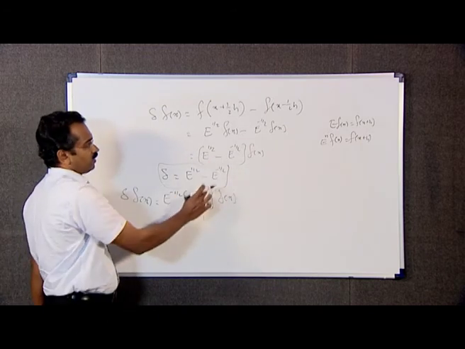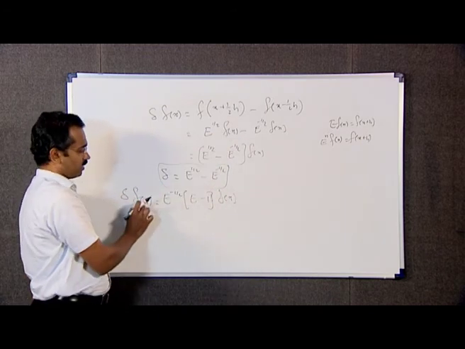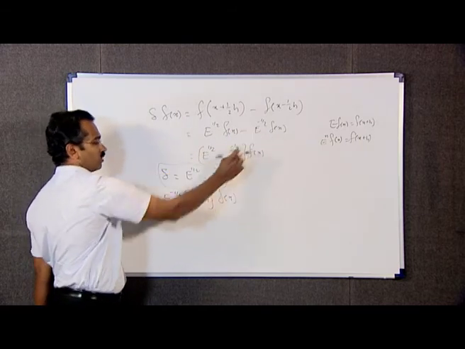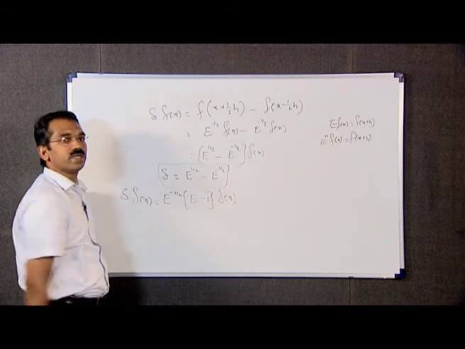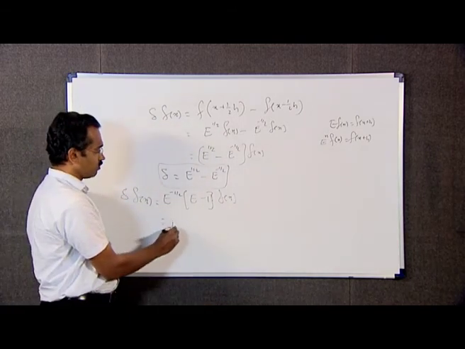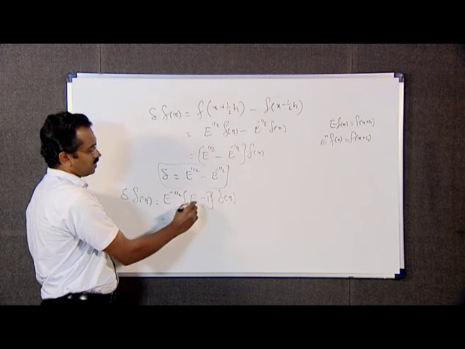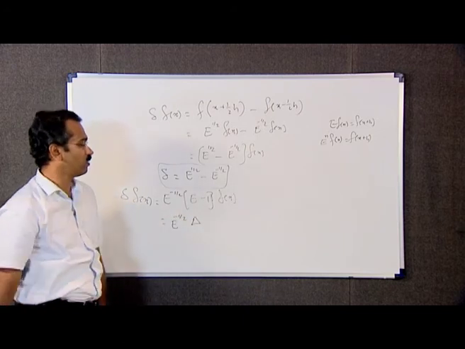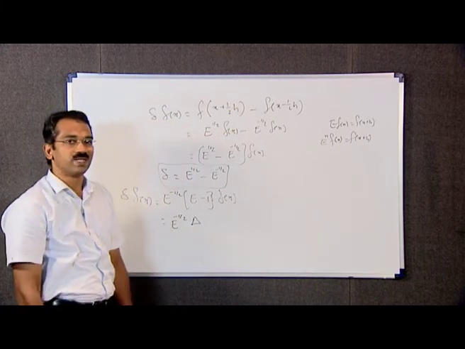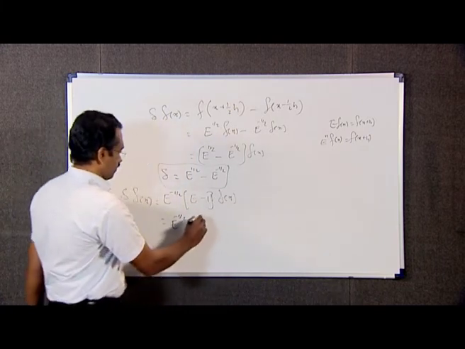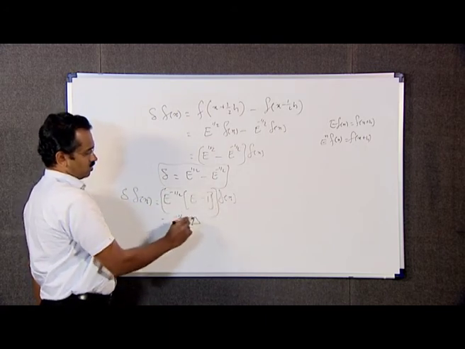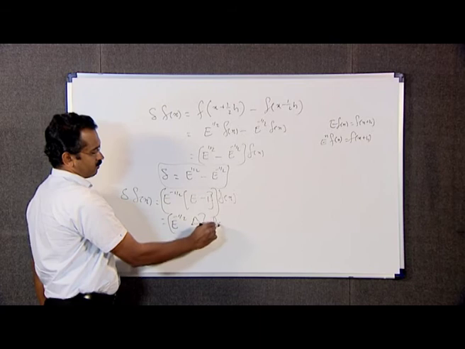Therefore, we have del f of x is equal to e raised to minus 1 by 2 into, here 1 becomes E. We proved the identity E minus 1 is equal to delta, that is e raised to minus 1 by 2 delta of f of x.